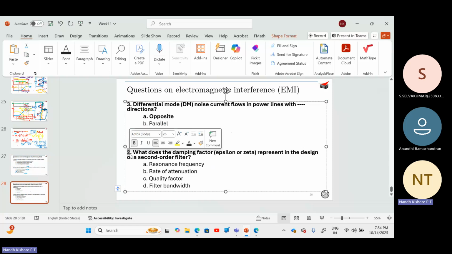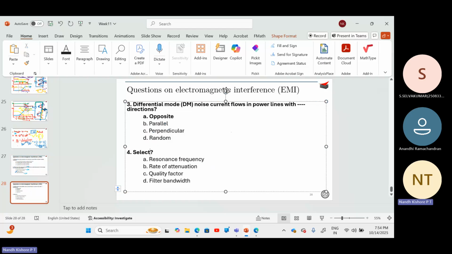So the next question is again simple. Select all the components commonly found in an EMI filter circuit.